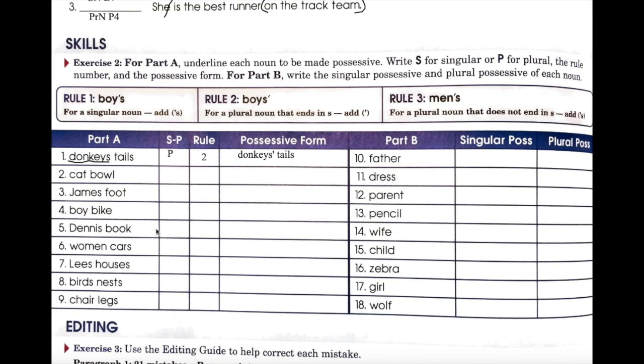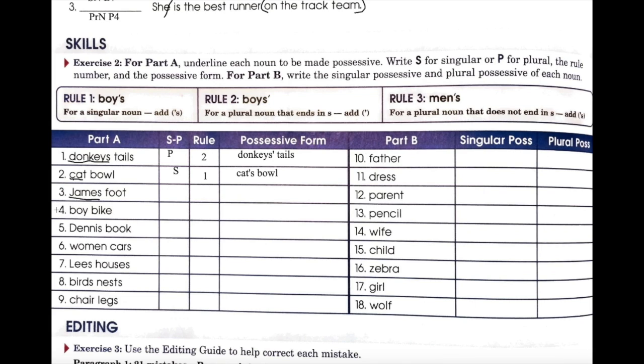tails, like that. Cat bowl, underline the noun cat. Is cat singular or plural? It is singular. It follows rule number 1. So that means we write cat apostrophe S, bowl. Number 3, James foot, underline the noun.